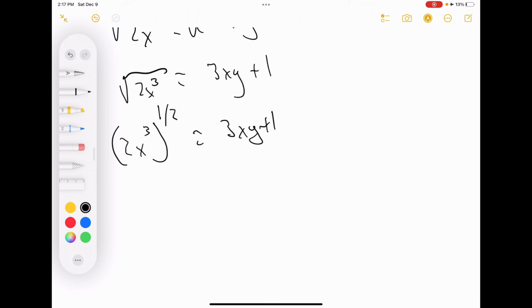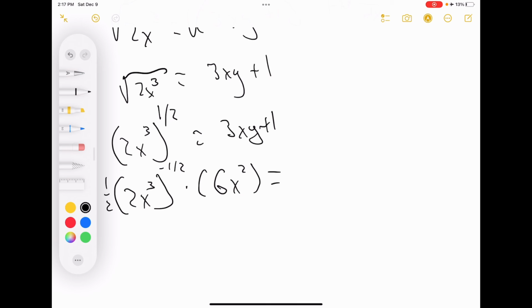Drop the power into the front and drop the power by 1. That's the derivative of the outside. So 1/2 times 2x cubed raised to the power of negative 1/2. And now we multiply that by the derivative of the inside. Derivative of 2x cubed is simply 6x squared. And that's the left side done.